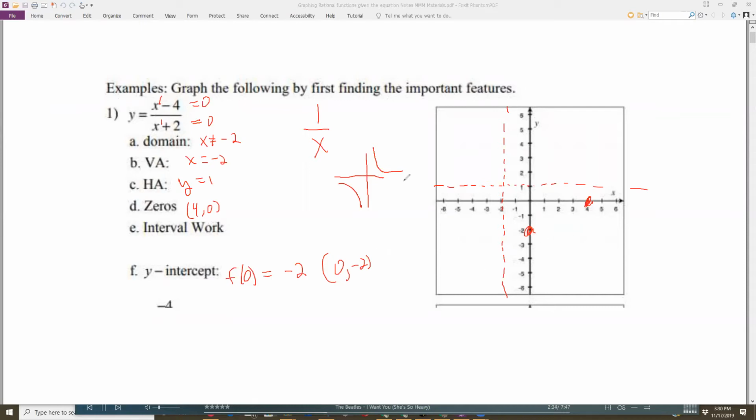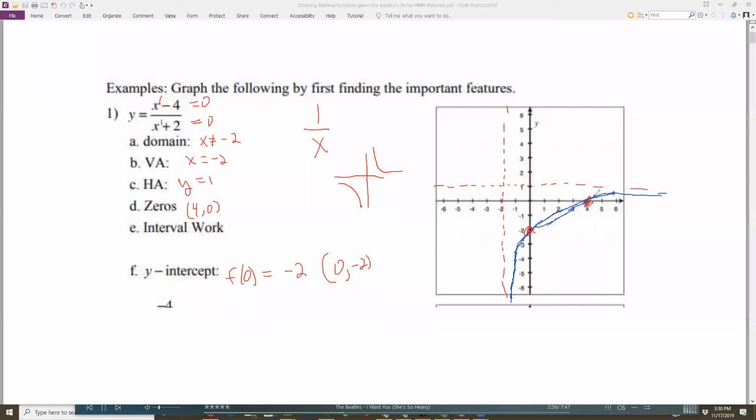I see a graph. I know this is a horizontal asymptote here. Let me get fancy and go with a different color ink. I know this graph has to cross the x-axis here. It has to cross the y-axis there, and that's a vertical asymptote we can't cross. So it looks something like this.